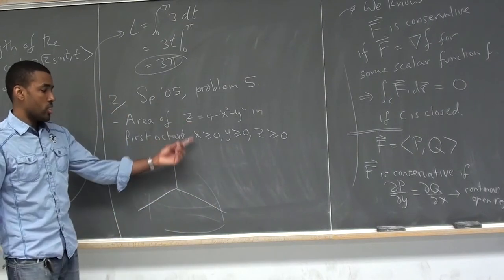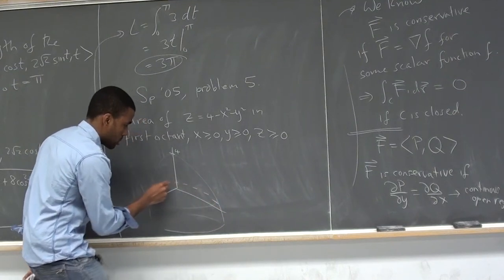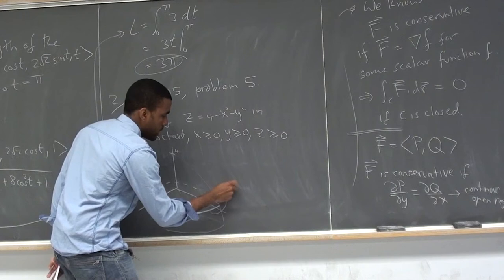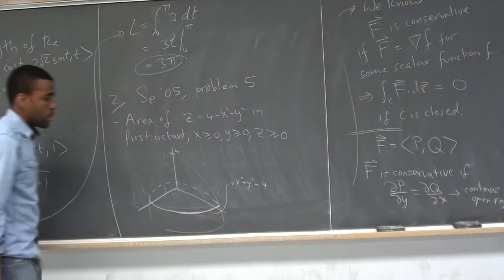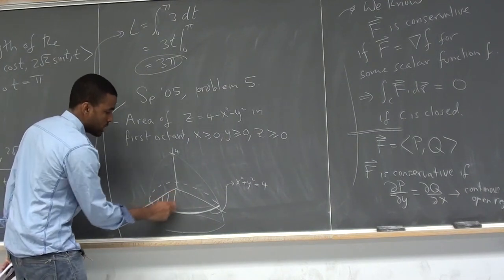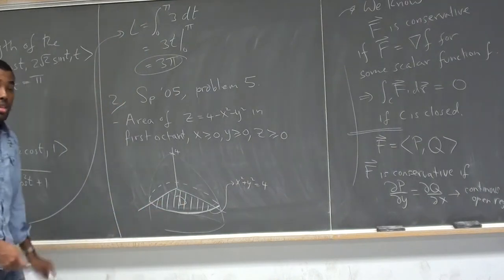If z is 0, the circle's radius is 2, and this is x squared plus y squared equals 4. But they said first octant, where x, y, and z are greater than 0, so they just want the part over here. That's the region D.